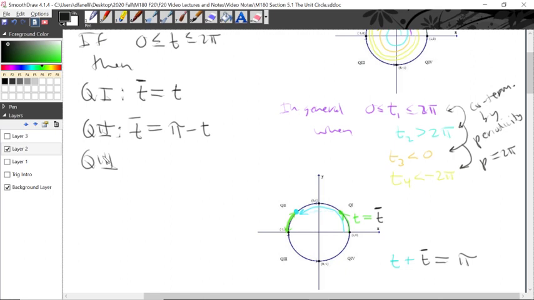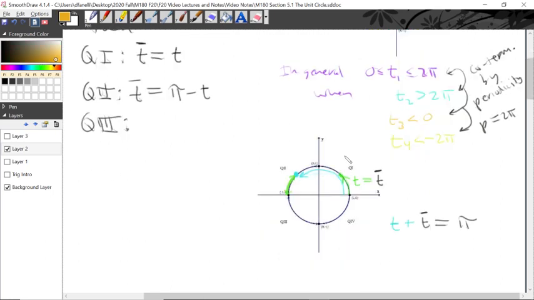Let's go to quadrant 3. Let's go orange. Let's say we have a value of t between 0 and 2 pi, but that puts us into quadrant 3, at a terminal point like right here, for example. Then the reference number would again be the shortest distance back to the x-axis. That's the reference number again.